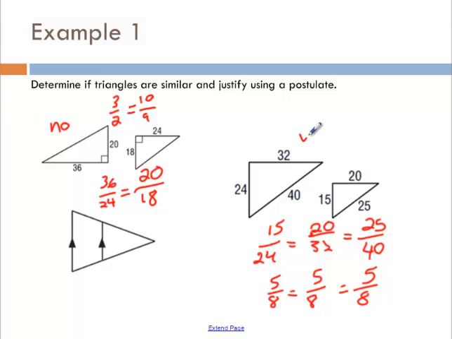So this one is, yes, by side similarity. And when we look at this third one, because they're parallel lines, I know that I have corresponding angles that are congruent, as well as this angle being congruent to itself. And if we remember that property, it's called reflexive property. And this is by angle similarity.